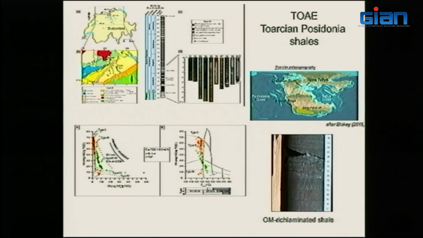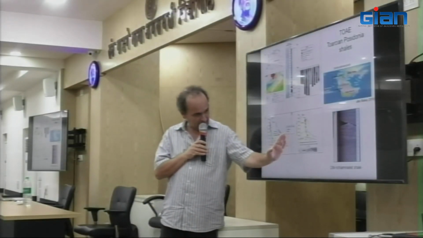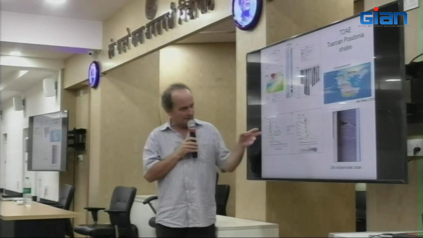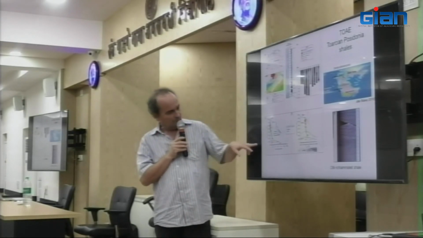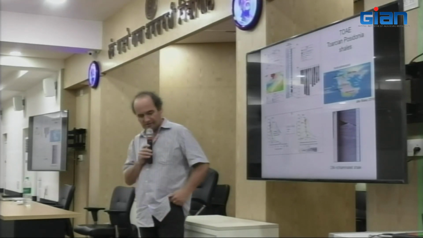And here it's interesting to see that more of these green points are turned to the right part of the graphic. It means weathering, oxidation. The more they are on the left part, it means generally better preservation.